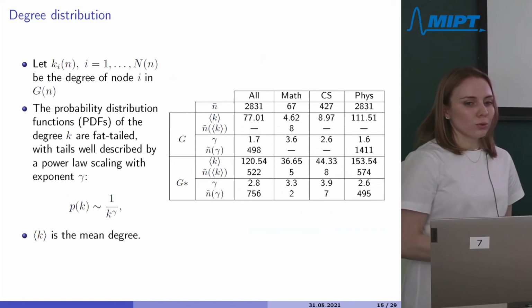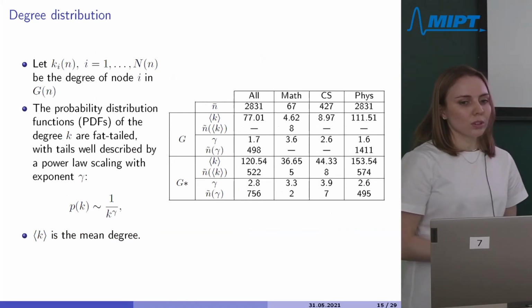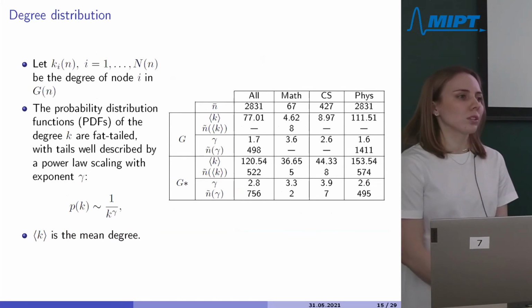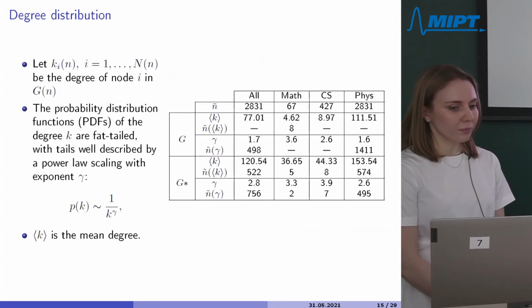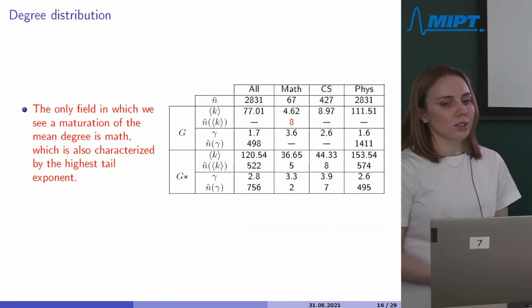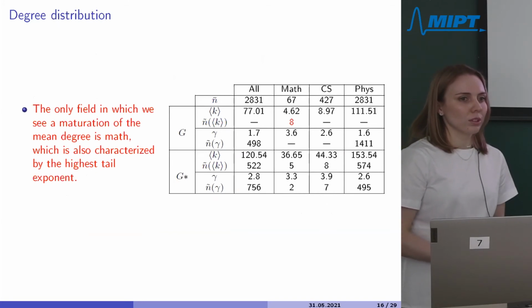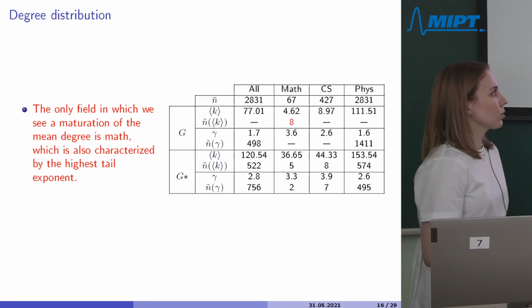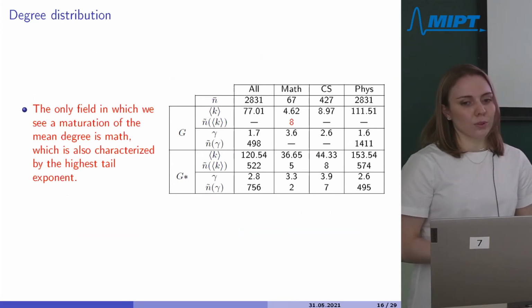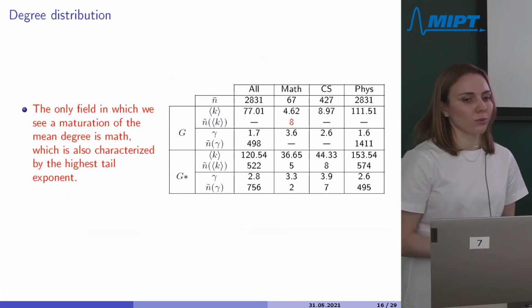Turning to degree distribution, we analyze mean degree and tail exponent for the degree distribution, and here we see that mean degree, as I already showed in the picture, maturates only for the field of math.